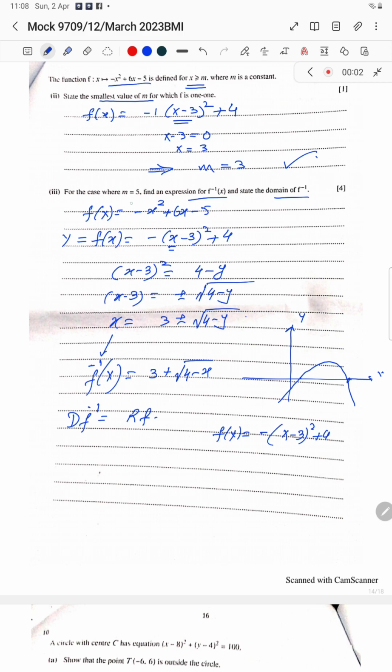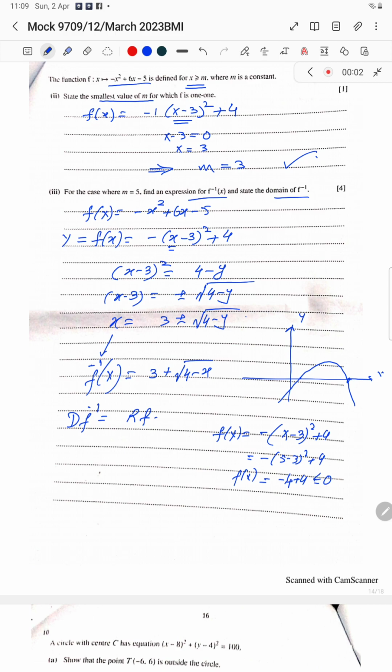Given m is 5, replace x with 5. It will be -(5 - 3)² + 4 = -4 + 4, that will be 0. So it means the range should be less than or equal to 0.